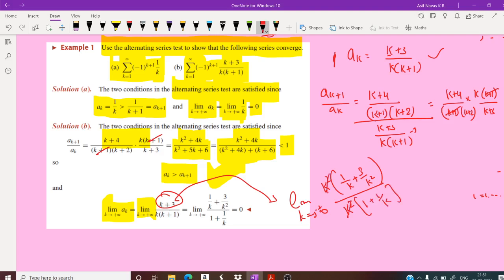If I cancel out k² and k², I get this. As k tends to infinity, this becomes (0+0)/(1+0), which is equal to 0. So the limit of a_k is equal to 0. Therefore both conditions of the alternating series test are satisfied. Therefore the series is convergent.